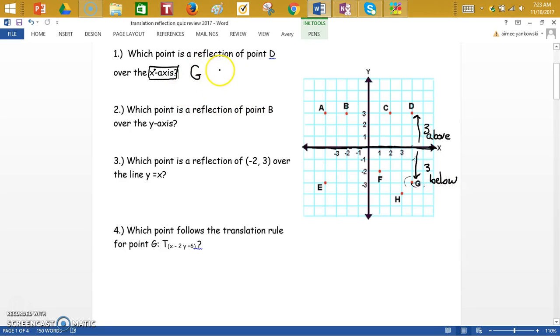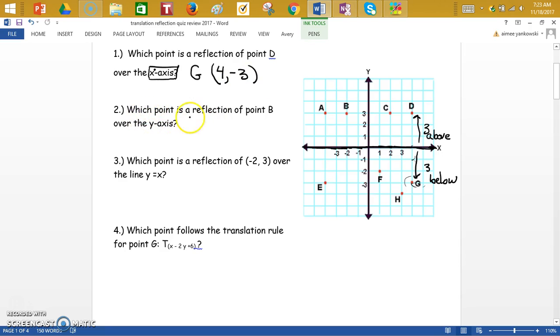Also, if you were asked for the coordinates, which you're not, the coordinates of G, of that reflected point, are 1, 2, 3, 4, negative 1, 2, 3. So that would be 4, negative 3.